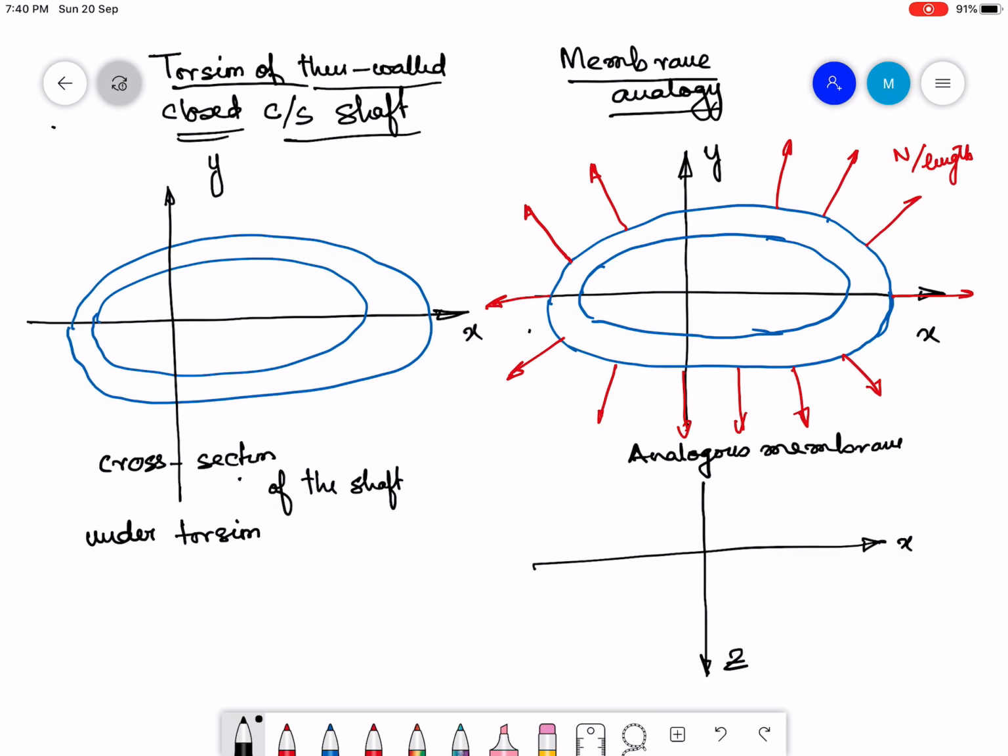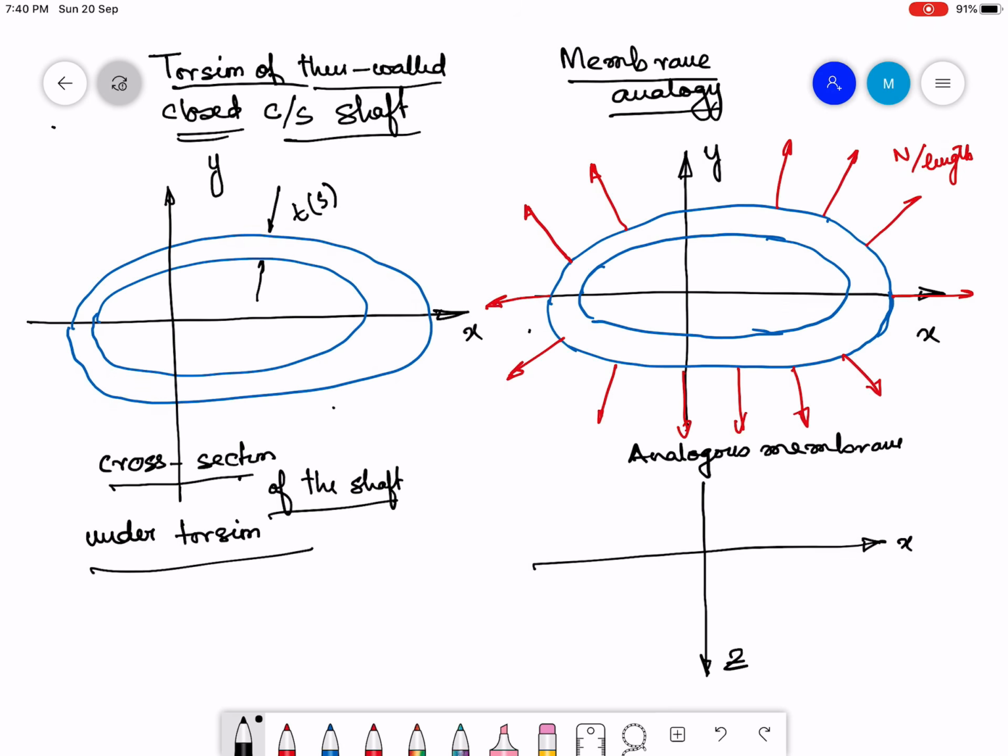So this is the cross section of the shaft under torsion. This is the thickness t, which can vary. Okay, the thickness t does not need to be uniform like an annular ring or something.